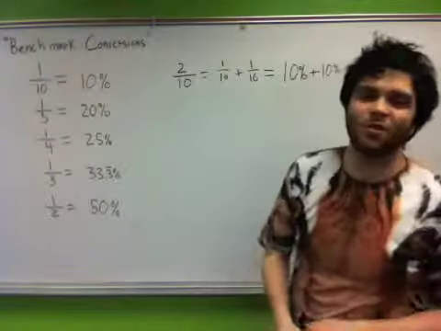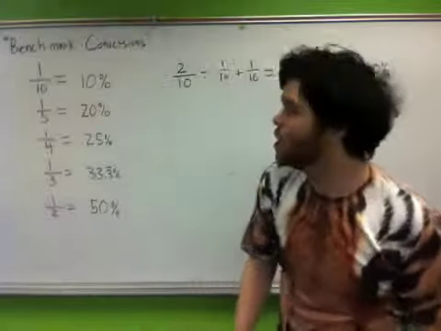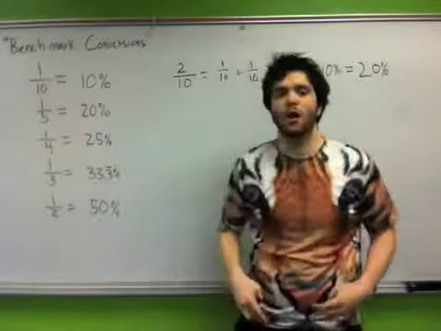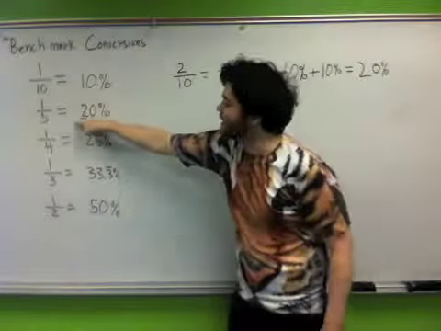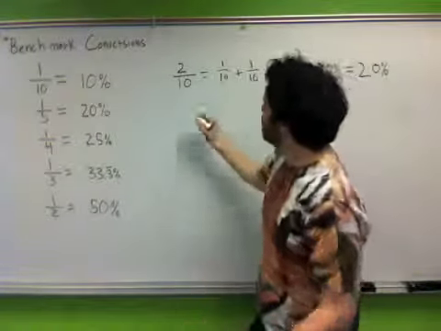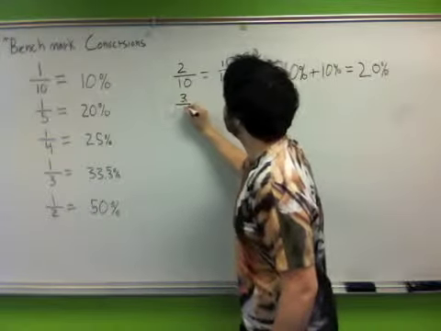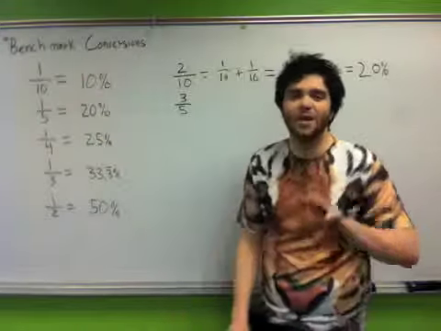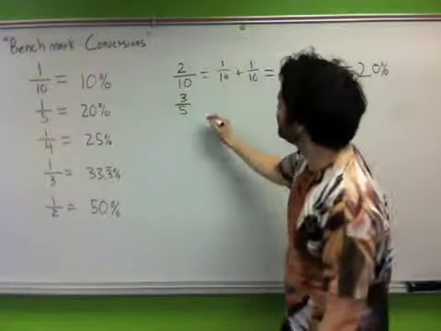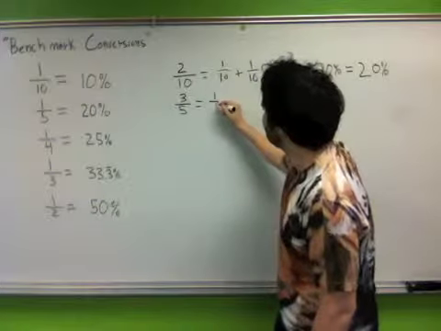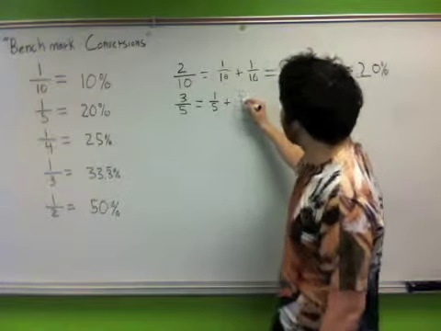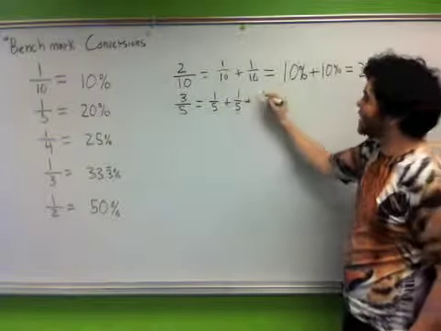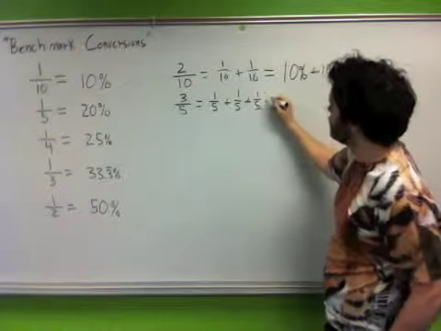Let's try it again, but this time with fifths. When we're doing 1/5, we know we're talking about 20%. So what if I had 3/5? Instead of having just 1 of my fifths, which is equal to 20%, I actually have 3 of my fifths. Well, that's got to be equal to 1/5 plus 1/5 plus, you guessed it, 1 more fifth. 1, 2, and now I need my 3rd fifth.